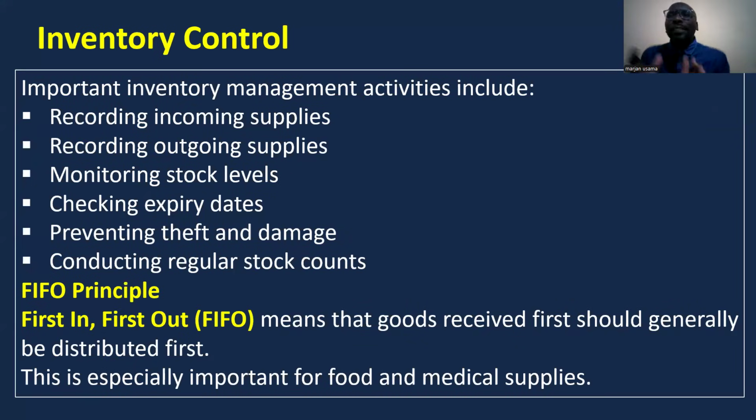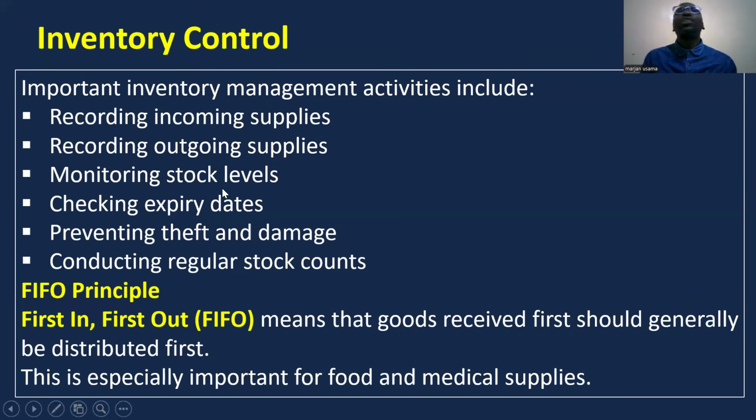I am the one who is managing the store. Anything that comes to the store, 50 kgs of rice, 100 bags of A, B, and C, I have to ensure that I have all the details. Number two, recording outgoing. Also, I have to have a record of things that are going out. So I need to have a record of incoming supplies and outgoing supplies.